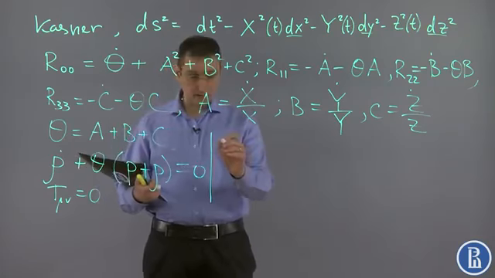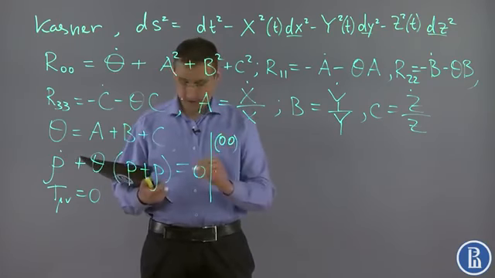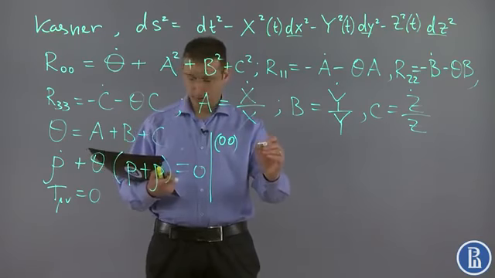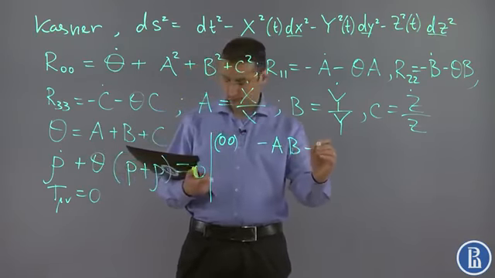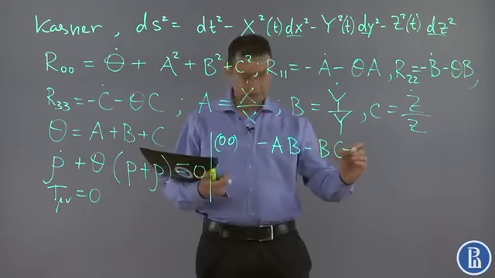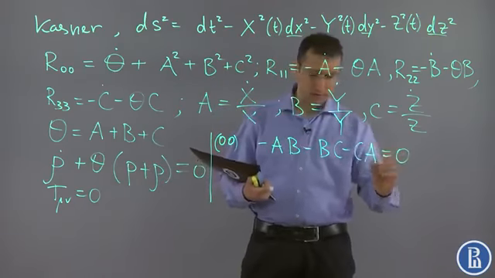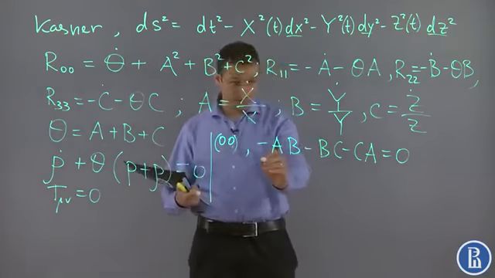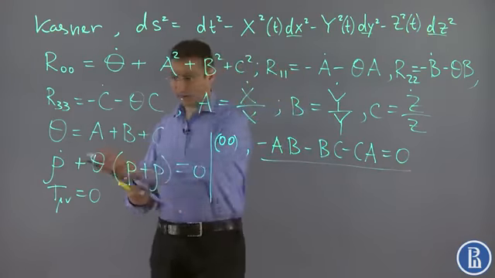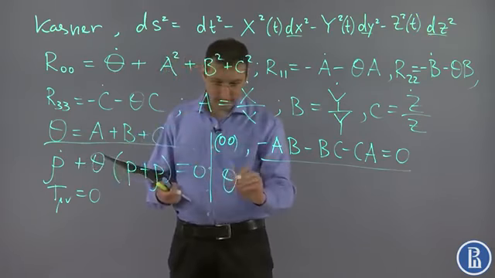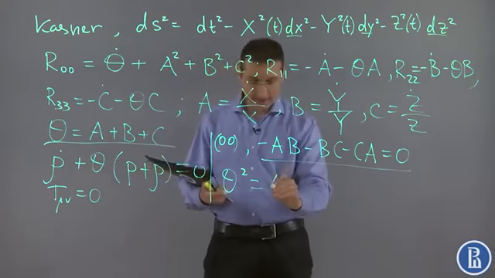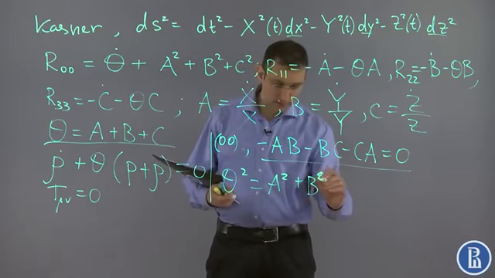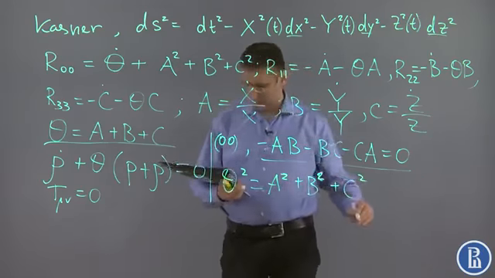The 00 component of the Einstein equation imposes the condition that minus ab minus bc minus ca is equal to 0. As a result, theta squared is just a squared plus b squared plus c squared.